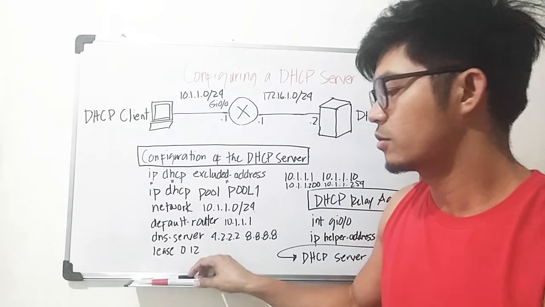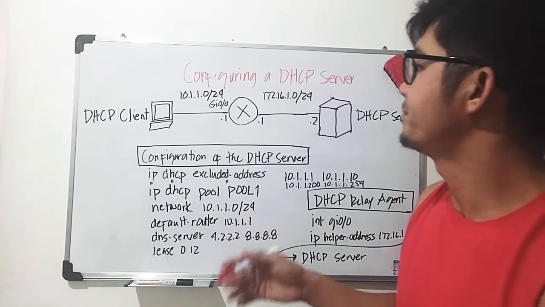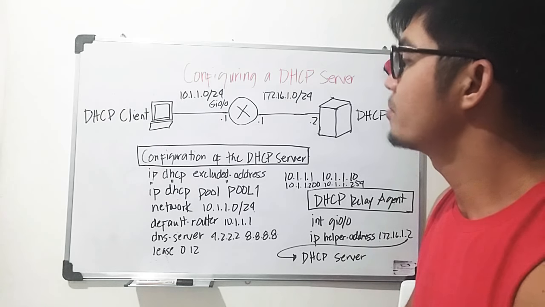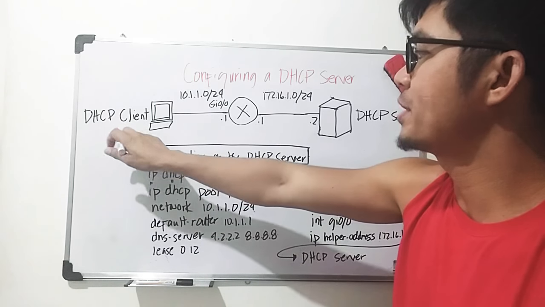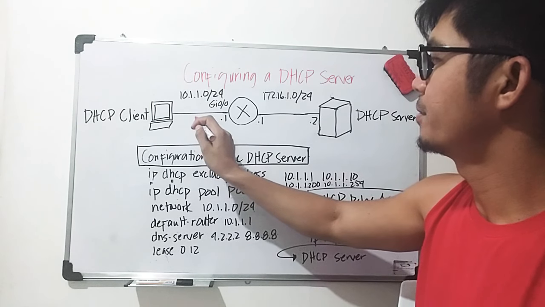I'm gonna talk about configuring a DHCP server. So we have a DHCP client that is connected to a router.